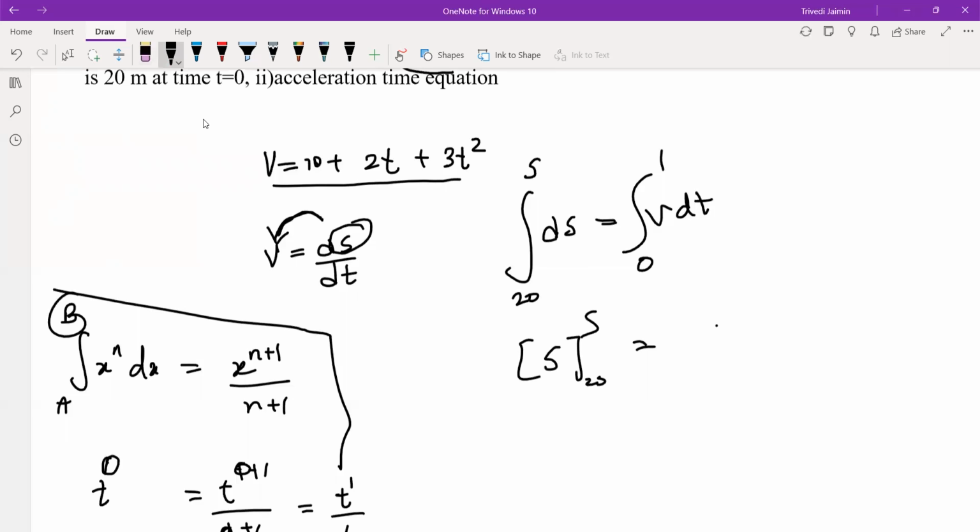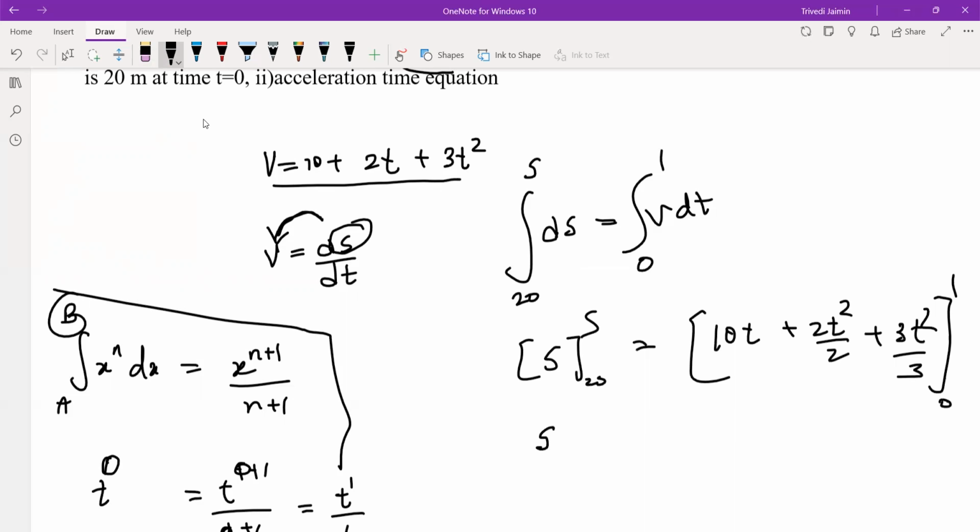Here, what was that? 10t plus 2t square by 2 plus 3t square by 3. All the limits are 0 to 1 here. So instead of s, we are writing s minus 20.